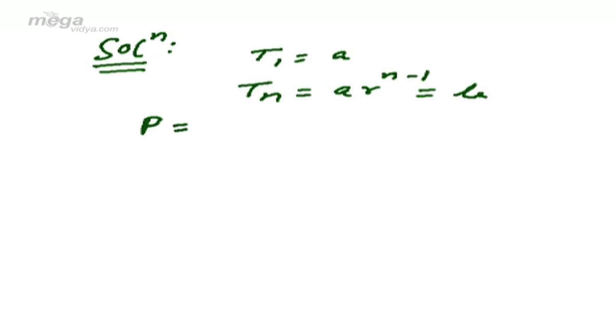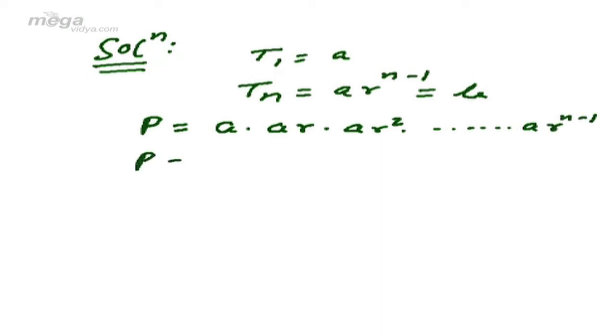Then the solution is, T1 is equal to A. The last term, Tn, is equal to AR to the power n minus 1, and this is equal to B. And P is the product of the first n terms, that is A, AR, the second term of the GP, AR square, the third term of the GP, and the last term will be AR to the power n minus 1.